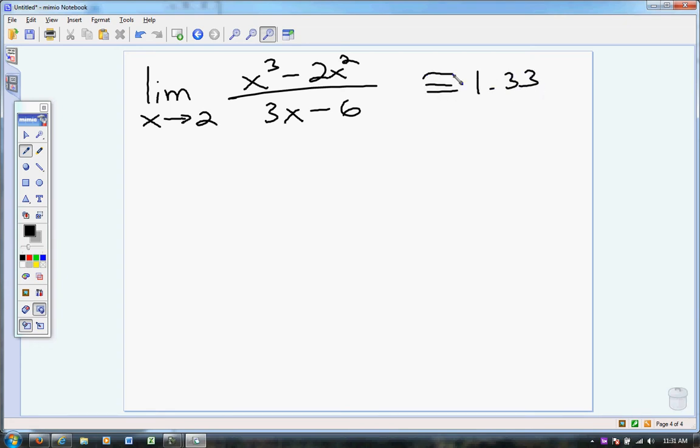I'm going to put the little approximately symbol up there. Now, how did we just look at that? We looked at it both numerically and graphically. We have not looked at it yet analytically.